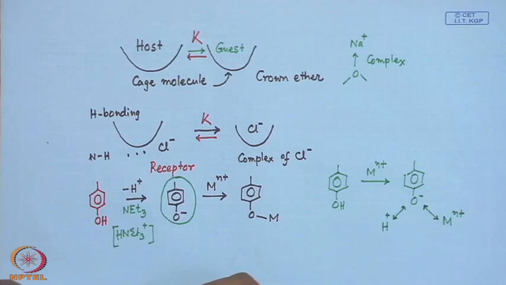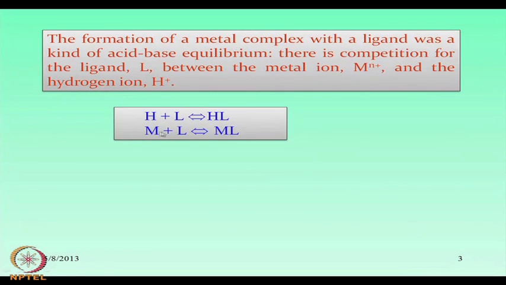So, there will be two competitive pathways for binding the phenoxide ion to M n+ and the proton, and therefore we see that this H plus L and M plus L situation is there all the time.